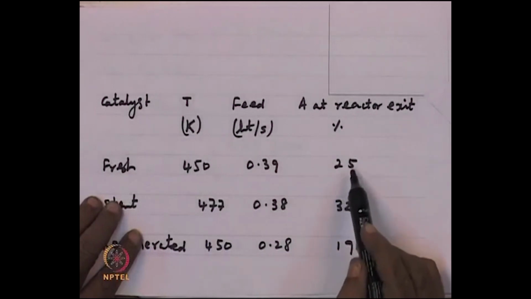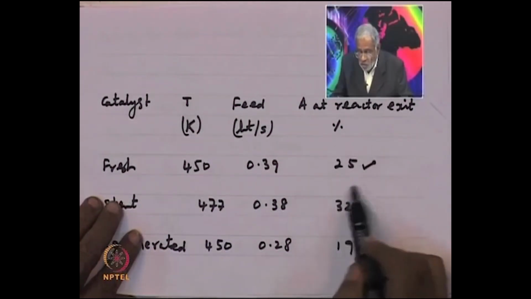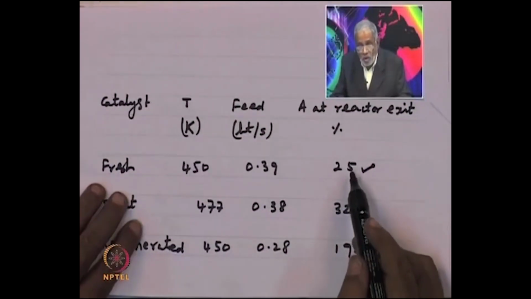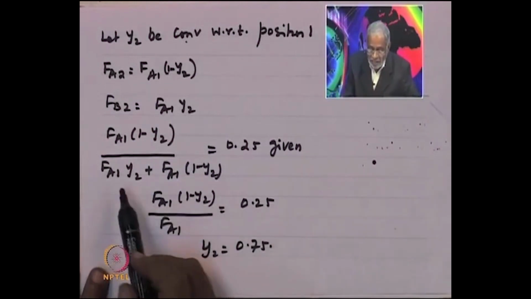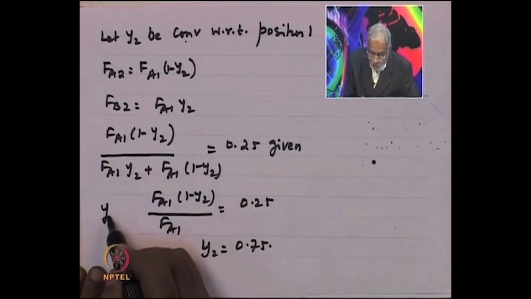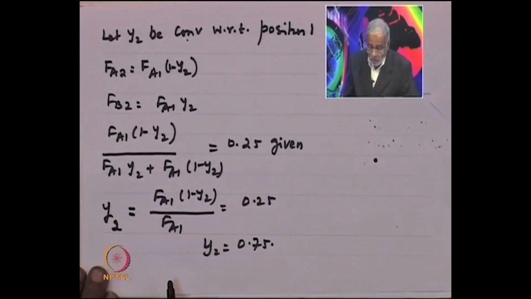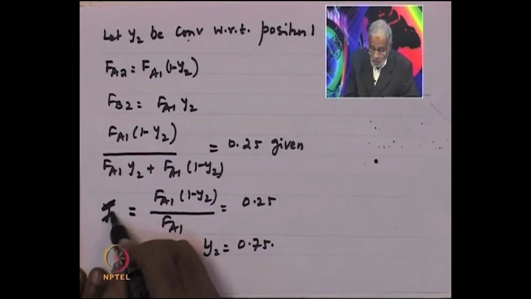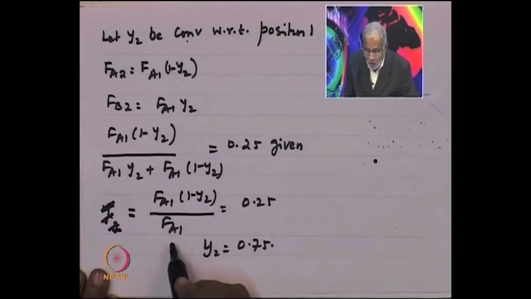Please look at this data. It says the composition at the reactor exit is 25%. What does that mean? This is a gaseous reaction. Therefore, the mole fraction at the exit is the number of moles of A divided by the total moles, which is FA1 (1 minus Y2) divided by FA1.